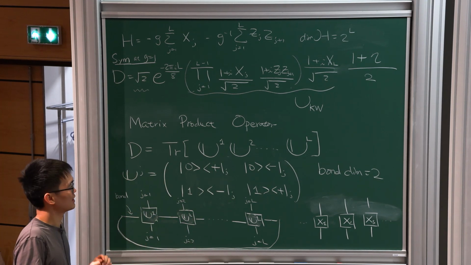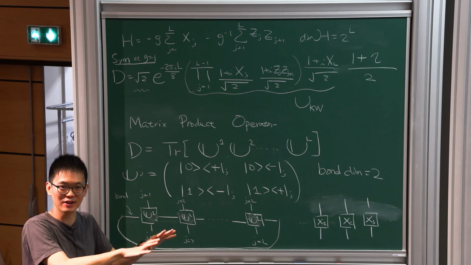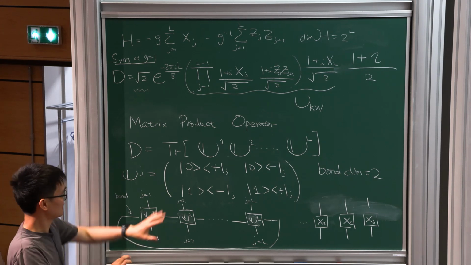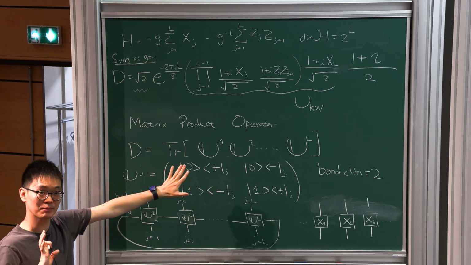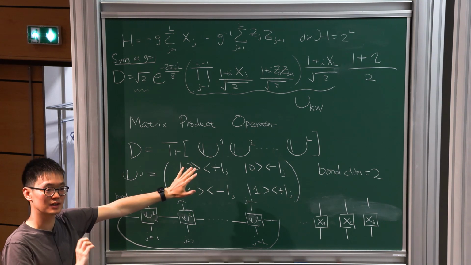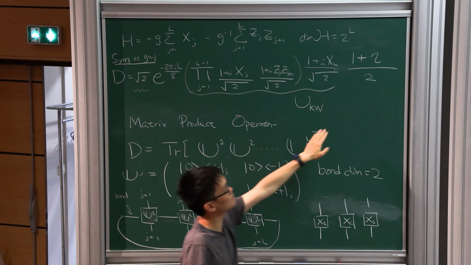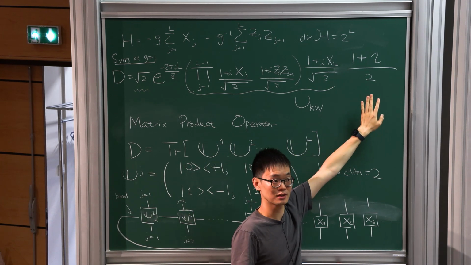Yeah, so there are like 5 or 6 different presentations for the operator D. Each one of them has its own advantage. The advantage of the MPO presentation is that it makes translation symmetry manifest. However, it doesn't make the depth manifest. It also doesn't make the fact that it contains a projection manifest.